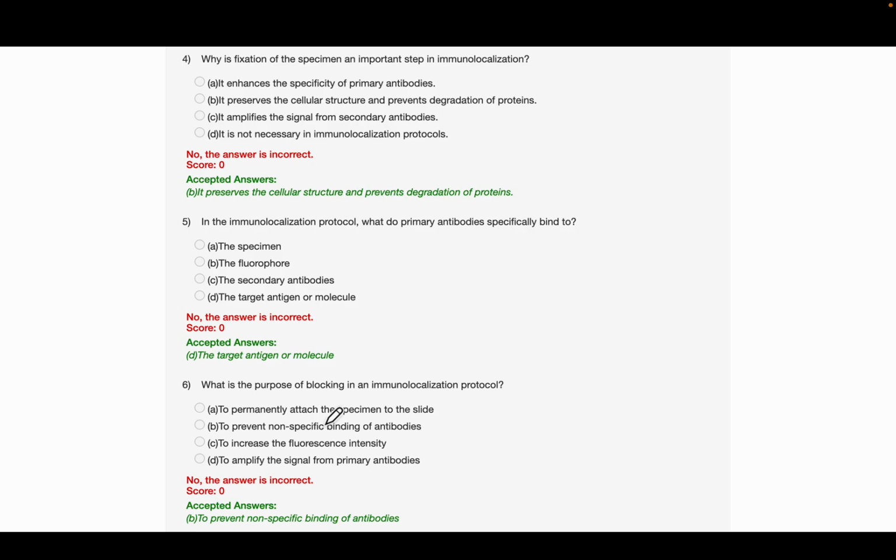Next question. Why is fixation of the specimen an important step in immunolocalization?